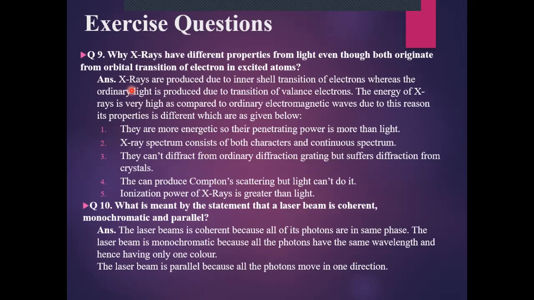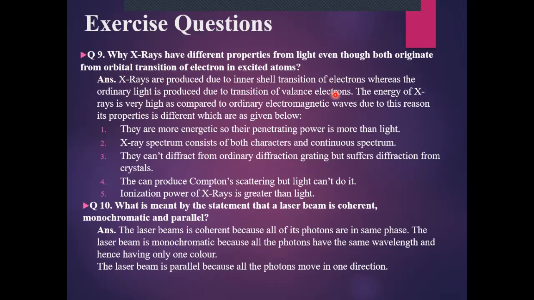Next question, why do X-rays have different properties from light, even though both originate from the orbital transition of electrons in excited atoms? So the basic difference is X-rays are produced due to inner shell transition of electrons, whereas ordinary light is produced due to transition of valence electrons.